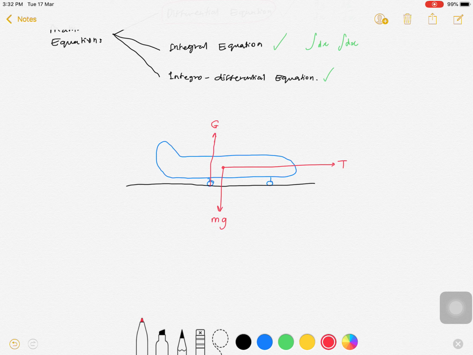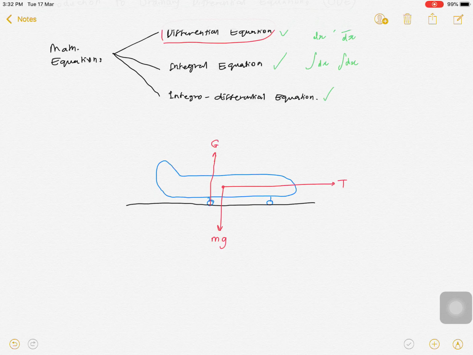From the aerofoil, we have the lift force. And due to the motion to the front, we have the resistance: the first is the drag, and the second is the friction. We put it as R. So these are the forces involved when an aeroplane is taking off.